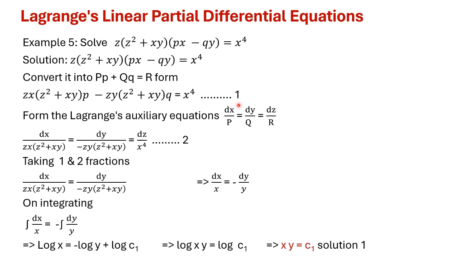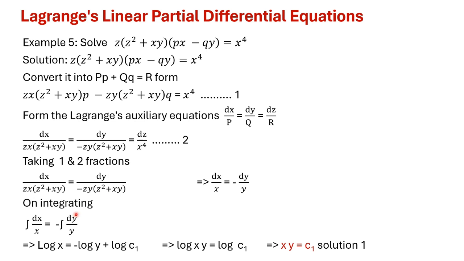Now we have to find the auxiliary equation, that is dx by the coefficient of p. Here the coefficient of p is this value, so we write it here, is equal to dy by the coefficient of q, which is this, is equal to dz by the coefficient of r, which is x to the power 4. This equation we'll call equation 2. We'll take fraction 1 and fraction 2. When we compare, this term and this term will get cancelled, z and z will get cancelled.